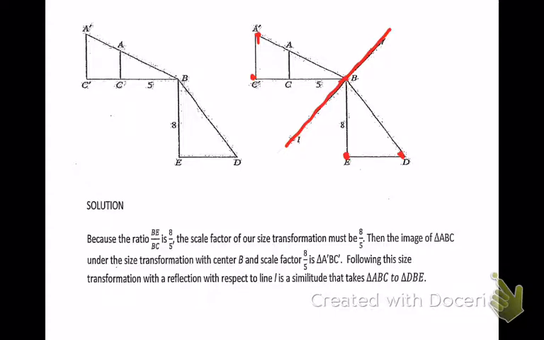So it would be a reflection with respect to line L. That's how we go from ABC to DBE. So my similitude was a size transformation of 8/5 followed by a reflection across the line L. Any questions? So you have to name what happens in the similitude.